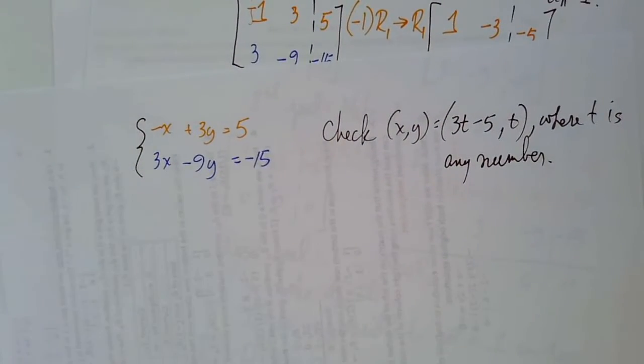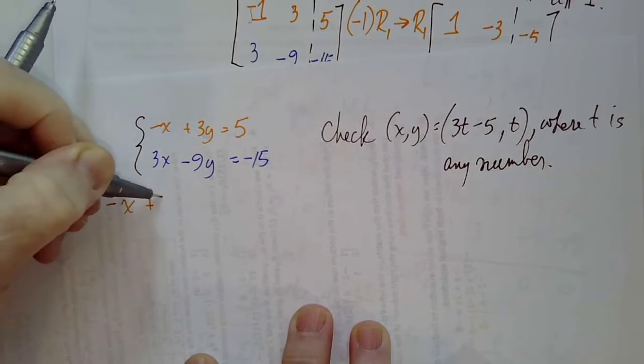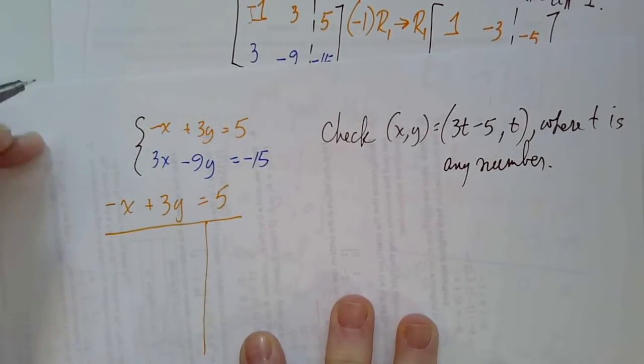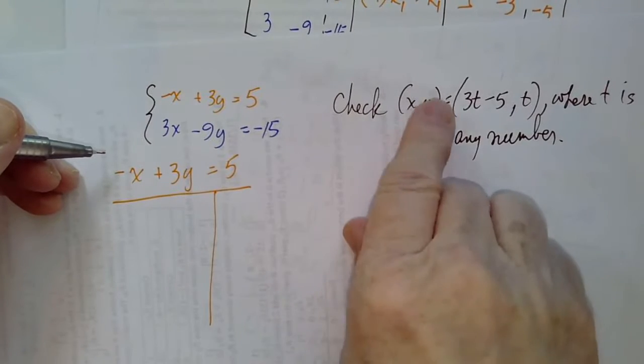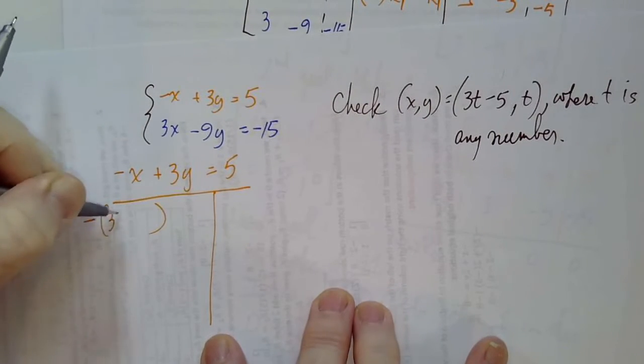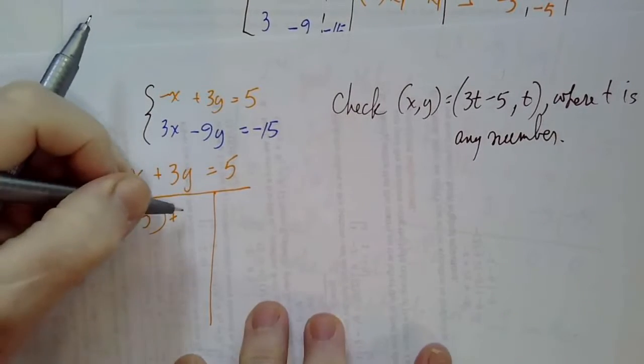Okay, so in line 1, negative x plus 3y equals 5. For x, I'm going to put 3t minus 5, so negative 3t minus 5 plus, and for y, I'm just going to put t.